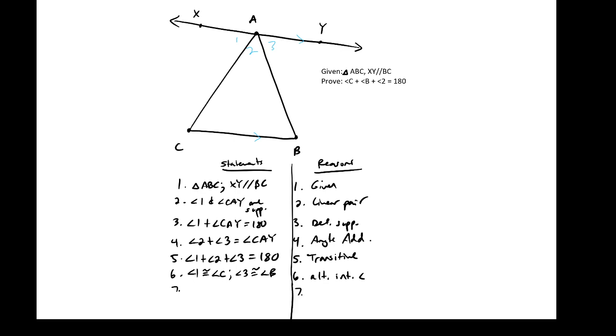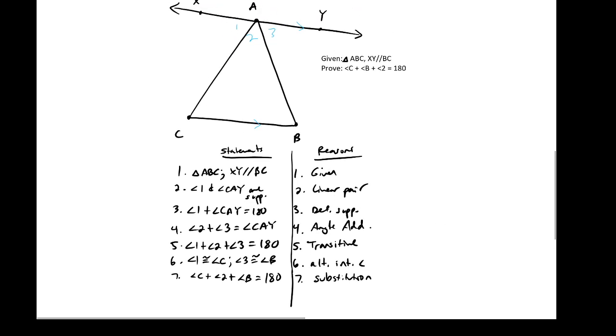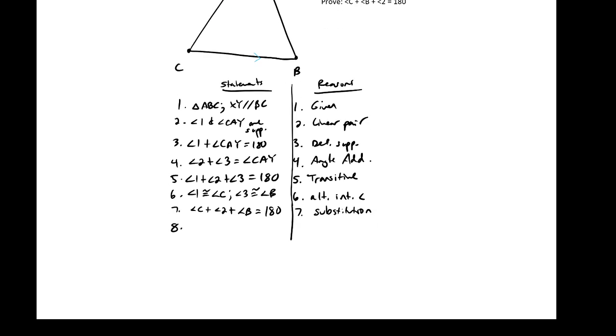Because what we can do is instead of 1, we can say angle C plus angle 2. Instead of 3, we can say angle B. And that's all equal to 180. And that right there is substitution. Now, gentlemen, this and this do not match. They don't exactly match. They're very close. But we know through mathematical properties, we could flip some things around and now make it C plus B plus 2.